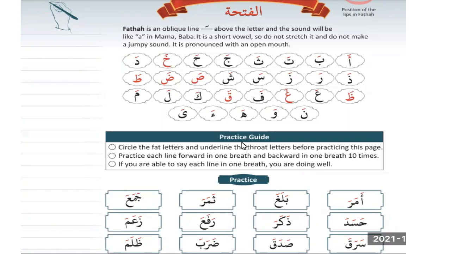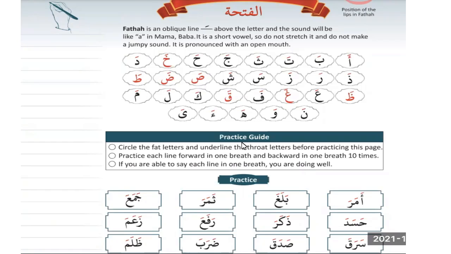You can put your thumb in the middle of the throat and feel ha, and the sound is coming out. The same part we are using for the letter ayn. A'u, we say a'u. This is ayn fatha. Make sure to use this middle part of the throat for ha and ayn. And like I said, ghain fatha gha is already paired with kha for the top of the throat.